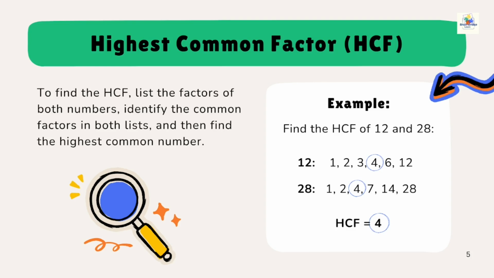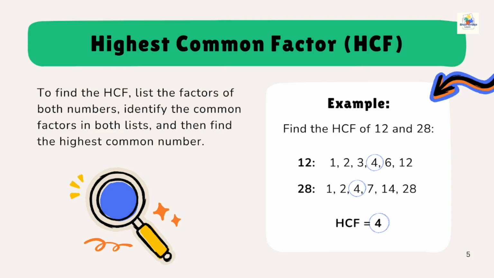Here we will not look for the lowest, we will look for the highest common factor. We will write all the factors of both the numbers and see how many same factors there are. If there is only one same factor, then that will be the HCF. If there are more, then the largest number will be the highest common factor.